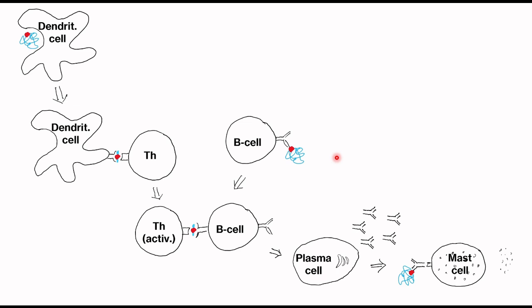If we want to make a vaccine against something that's not a protein, let's say a bacterial capsule, then we would already in the vaccine covalently link this substance to a protein so that it can be immunogenic in a way that antibodies are formed. In this case, of course, hopefully not IgE, but other antibody classes.